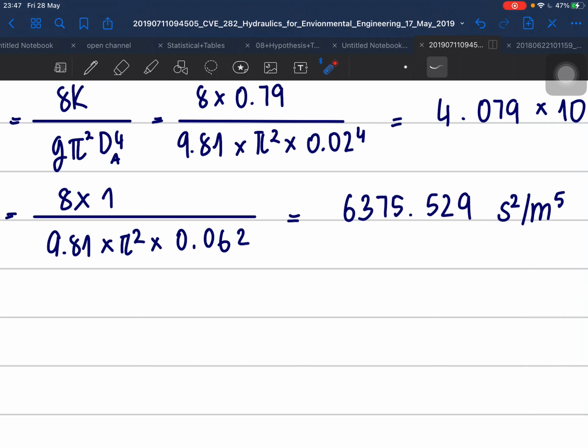Or maybe I'm pretty sure there's a reason why they're using 0.981 instead of 9.81. 407.7 divided by 8 times 0.79. Yeah, the answer is the same, but it keeps getting freakier and freakier.